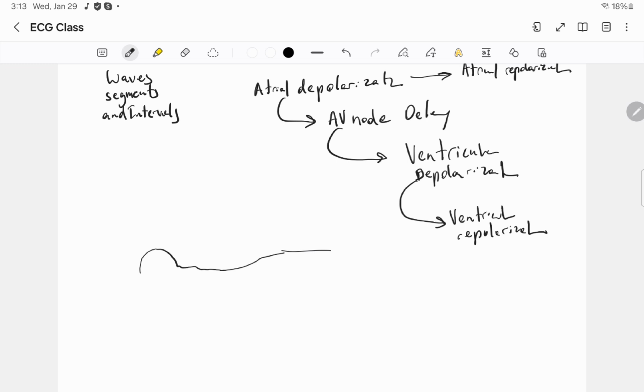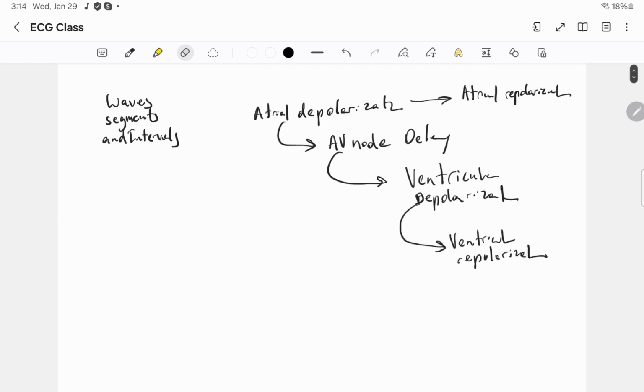So it may be very difficult to distinguish atrial repolarization from the isoelectric baseline of the ECG. So for all intents and purposes, we don't really analyze atrial repolarization on the ECG. This is an oversimplification, but it holds true in most situations, right?